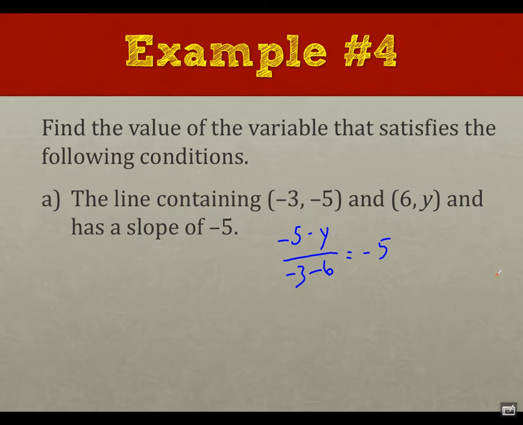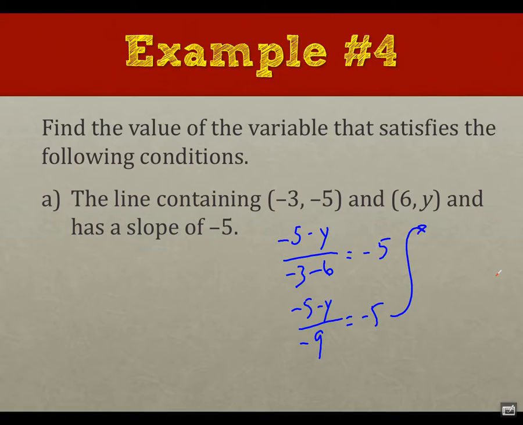Solve this for y. How do I solve it for y? What do I do first? Plus negative, so you get -9. Okay, -5 minus y over -9 equals -5.